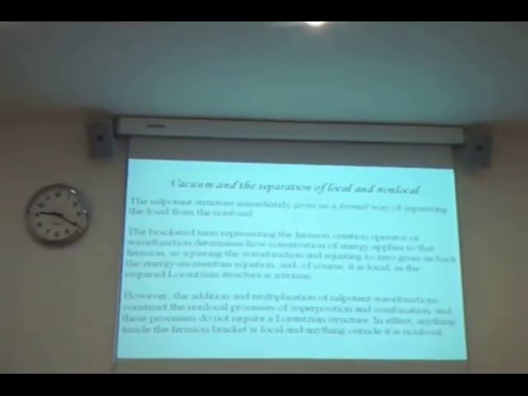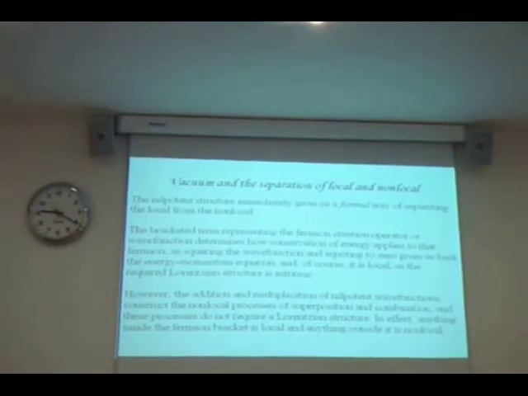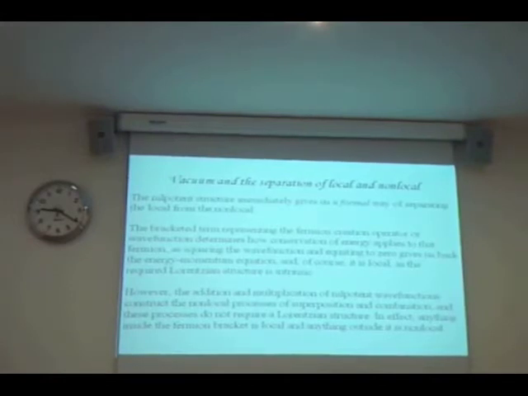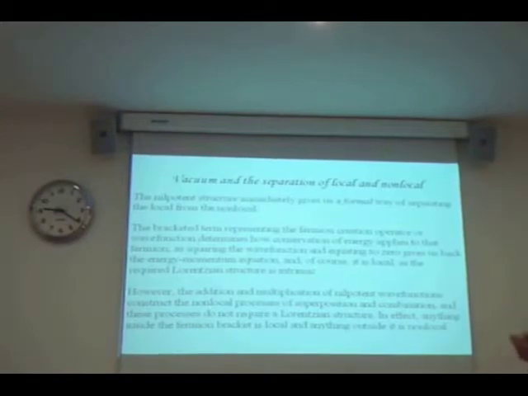So the bracketed term, whatever is in that bracket, represents the Fermion creation operator or wave function, and determines how you get conservation of energy for that Fermion. And of course it has to be, it's an open system, actually interacting with the rest of the universe. And it's local, and it's got the Lorentzian structure which requires that built in from the beginning.